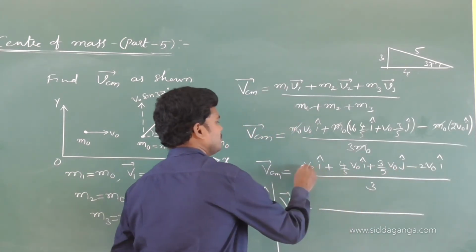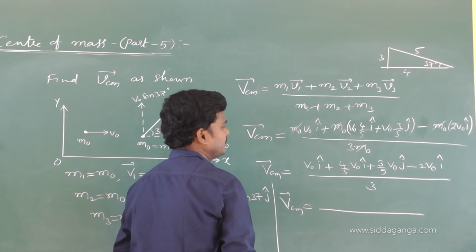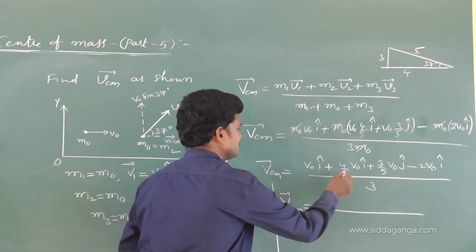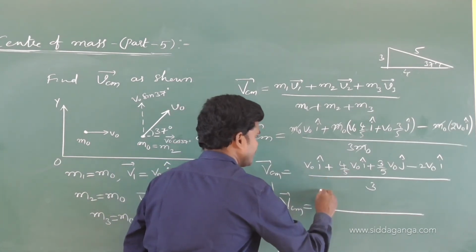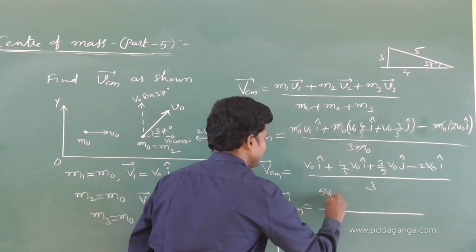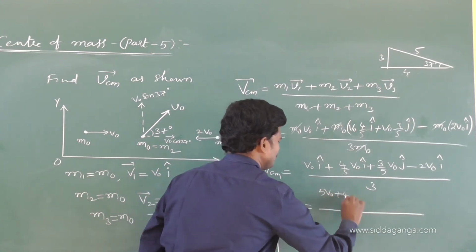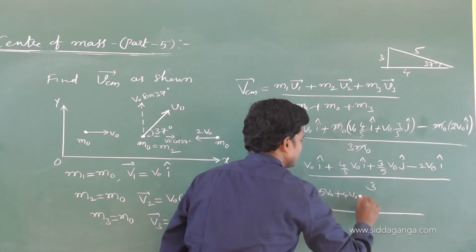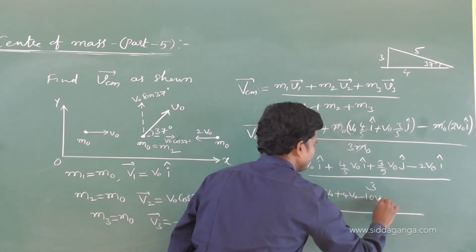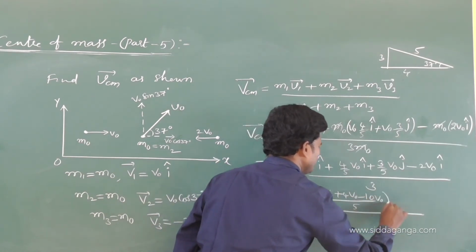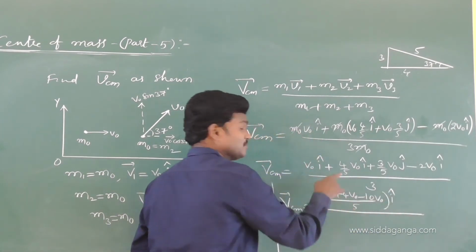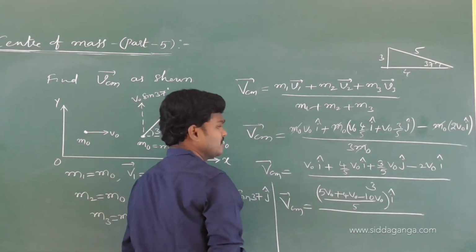Do the LCM: 5 V naught plus 4 V naught minus 10 V naught, divided by 5, into i cap. Do some simplification using basic mathematical knowledge.